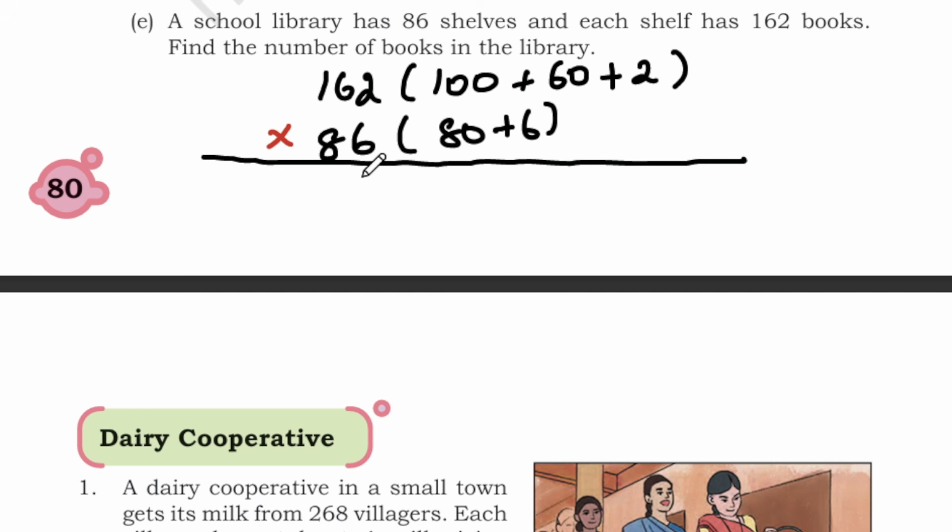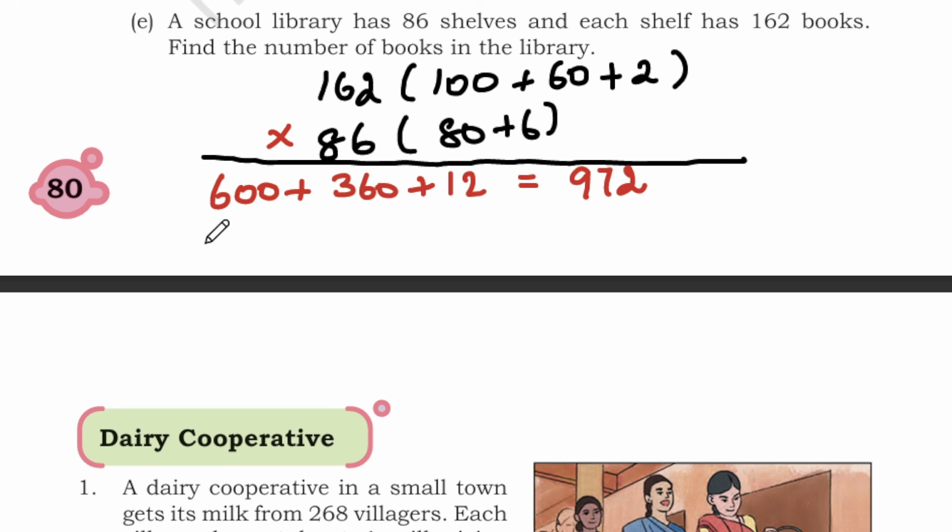Okay, 100 into 6 is 600. 60 into 6 is 360. 2 into 6 is 12. So 600 plus 360 plus 12 is 972. Okay, next we have 80.